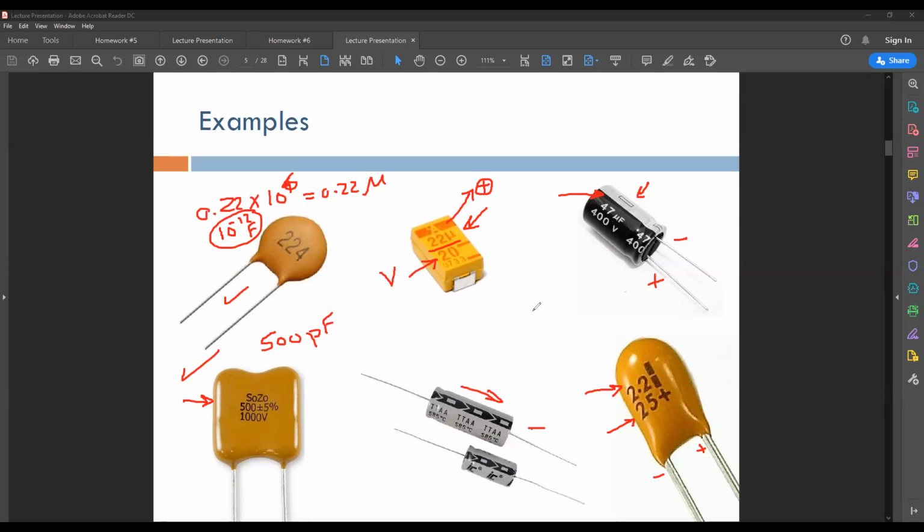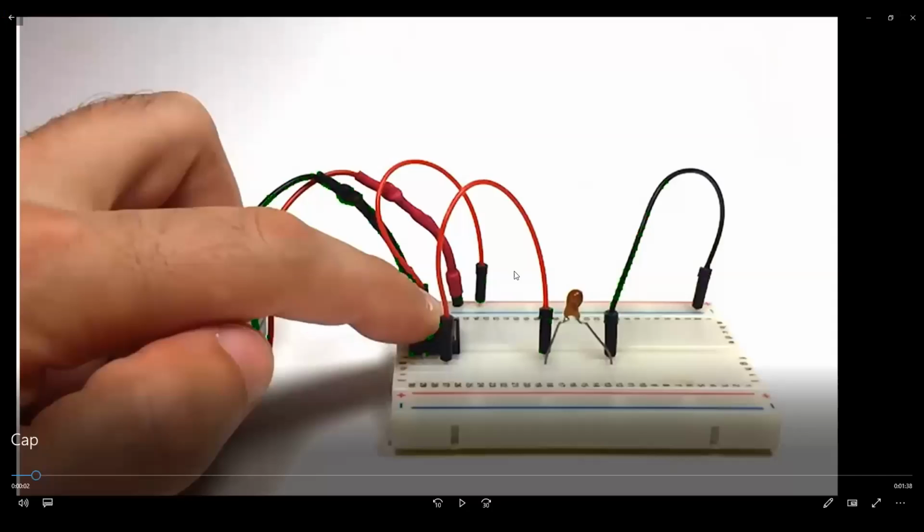If you make a mistake, if you go beyond that rated voltage, or if you connect the capacitor in the opposite polarity, you'll find soon enough that it's a big problem, because such a capacitor can explode. I edited some videos from YouTube that I wanted to show you, just to give you an idea how dangerous using a capacitor in the opposite polarity or with a voltage higher than the rated voltage is.